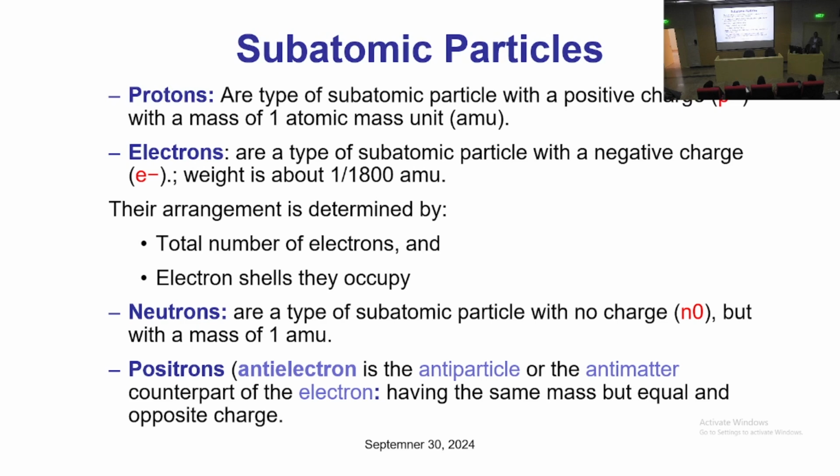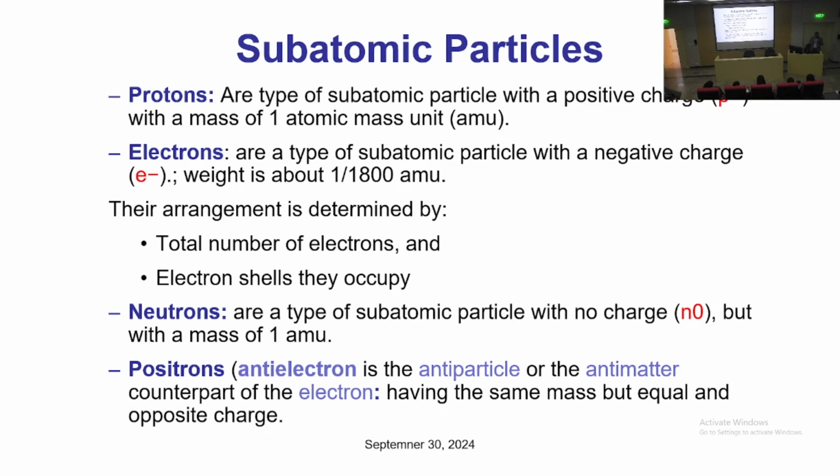The other subatomic particles are called electrons. The protons are found inside the nucleus, but the electrons are found outside the nucleus. There are layers, which we call shells, outside the nucleus, and the electrons are found there. Opposite to the protons, electrons can move freely and constantly between different layers when they absorb energy and when they emit energy.